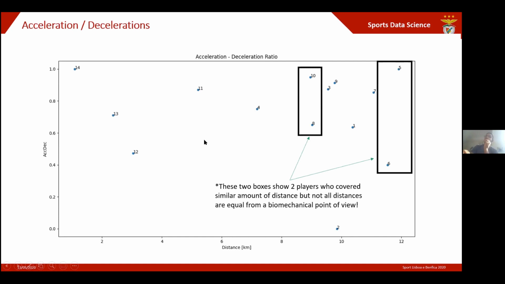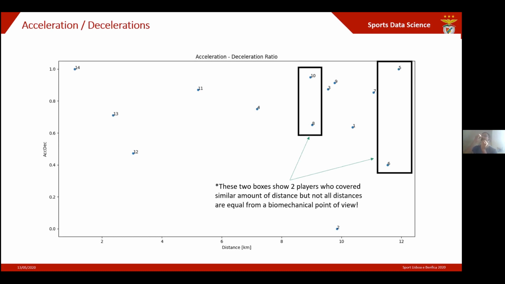This is very important because it shows that not all distances are created equal. Two players could have both traveled the same amount of distance, but one player could have done much more accelerations than another player. And it provides a sports scientist with a good understanding of knowing, okay, if he did many more accelerations, it was then this sort of load from a biomechanical perspective.